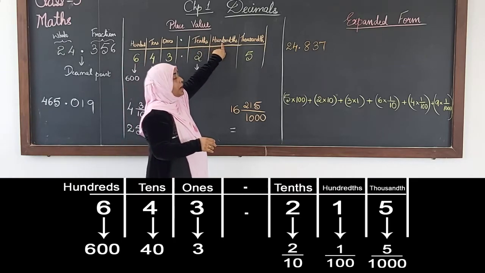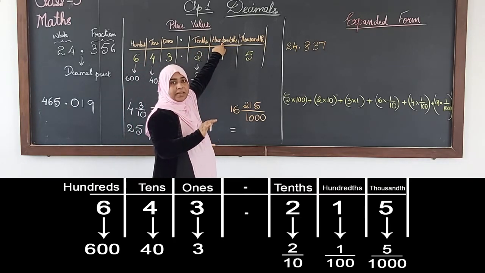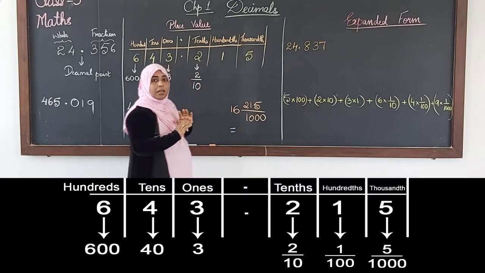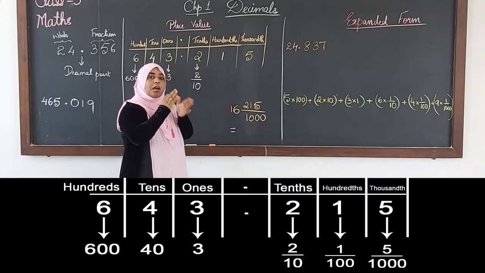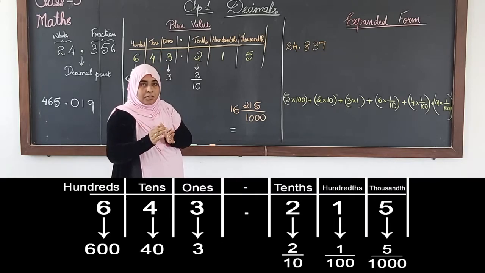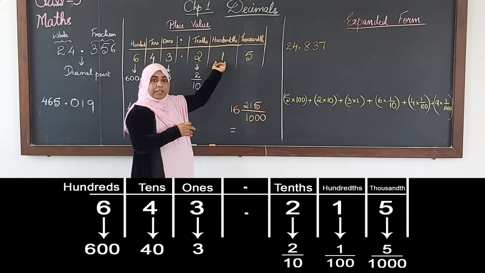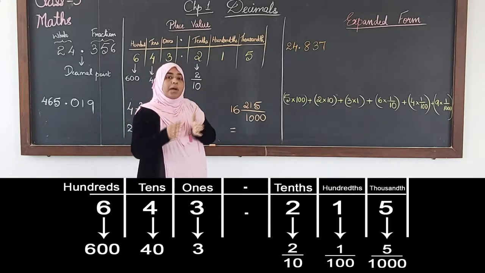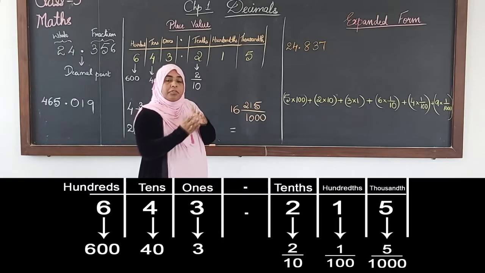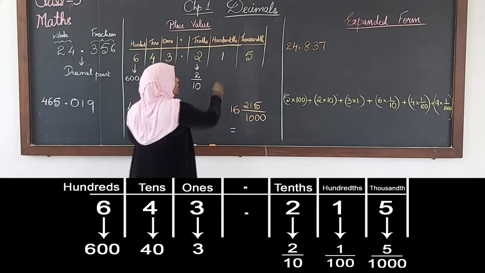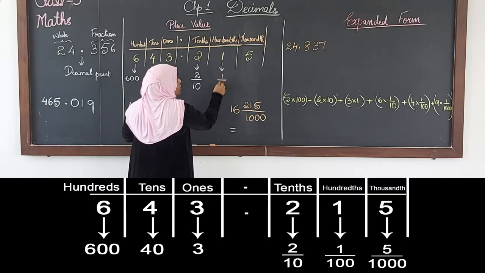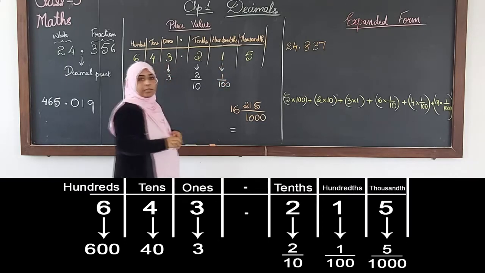Then next we have hundredths place. What does that mean? Hundredths place means 100 parts are made, and from that 100 parts, certain parts we have taken. Here since I have written 1, it means that 100 equal parts are made and from there we are taking 1 part. So the place value of this digit will be 1 out of 100.